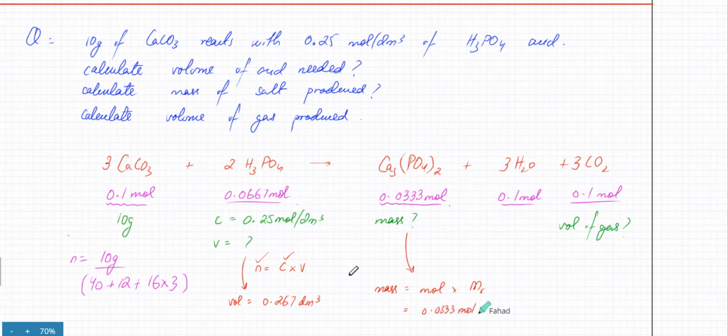mr क्या निकली? mr निकालना इसमें ट्रिकी होगा कि 3 कैल्शियम्स. तो 40 into 3 और PO4 twice है, तो P31 plus 16 into 4 और प्लस वो भी twice है.